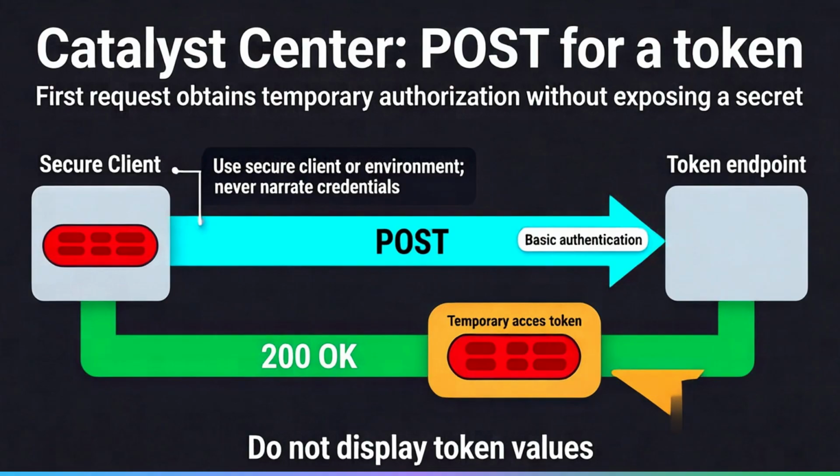OAuth 2.0 delegates access. A resource owner grants permission. An authorization server issues a scoped token, and the resource server validates it. In every case, protect credentials and tokens. Never paste real secrets into notes, code, or recordings.